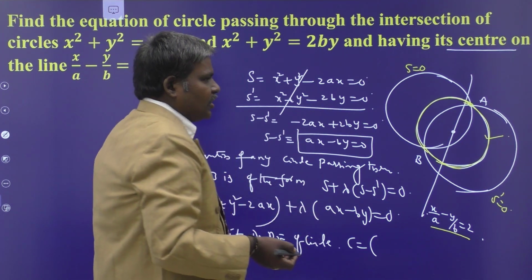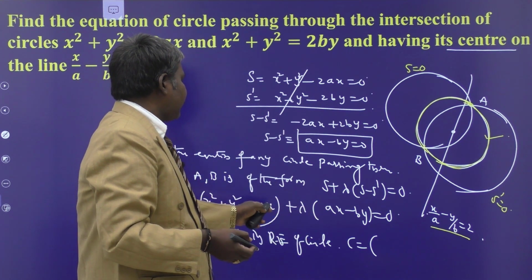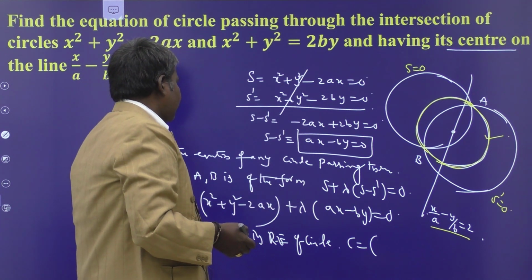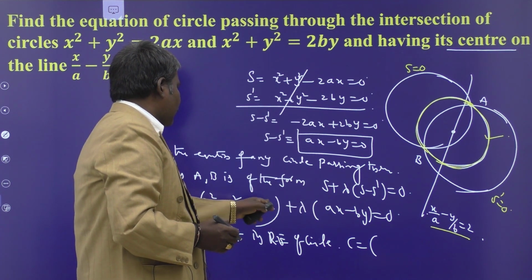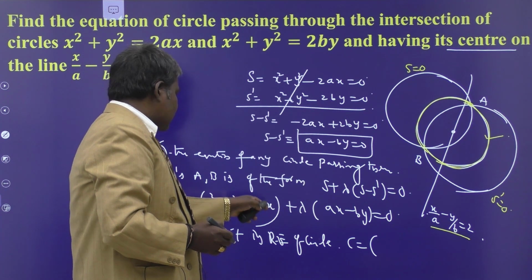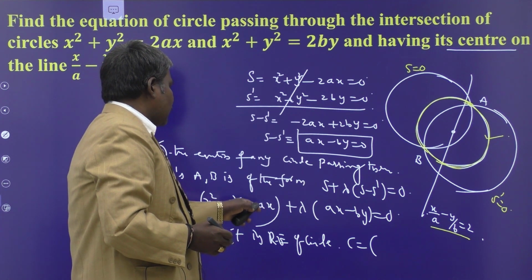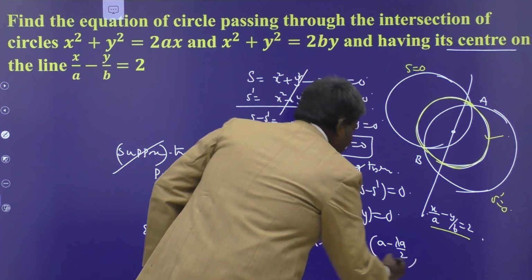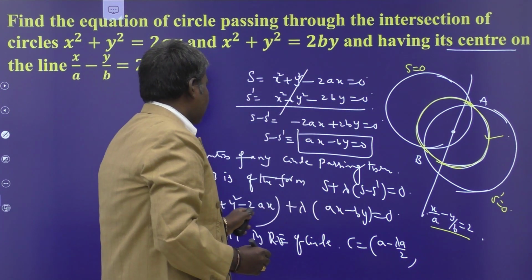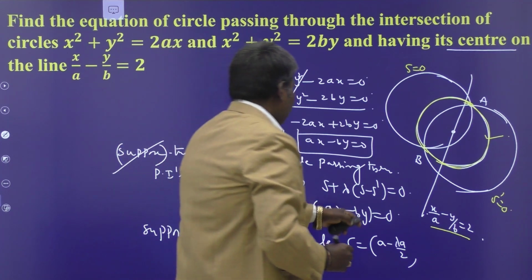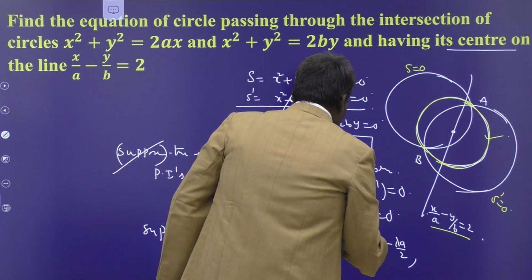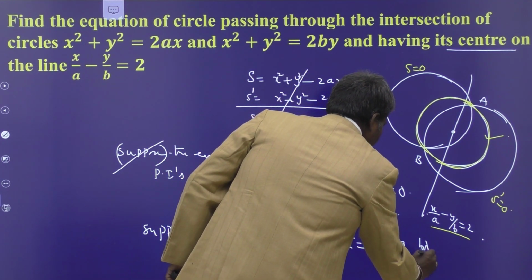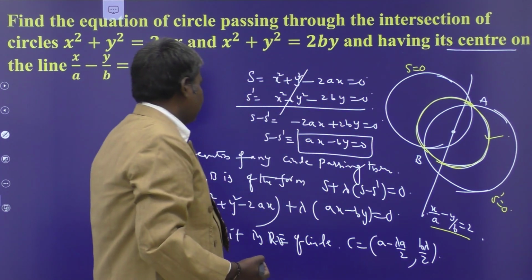Minus g comma minus f, that is minus half of x coefficient, minus half of y coefficient. Half of the x coefficient, minus 2a, with negative sign is a. This is a minus lambda a by 2. Half of the y coefficient with negative sign is b lambda by 2. This is the center.